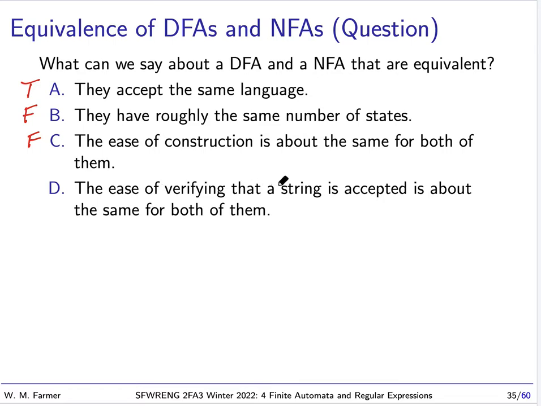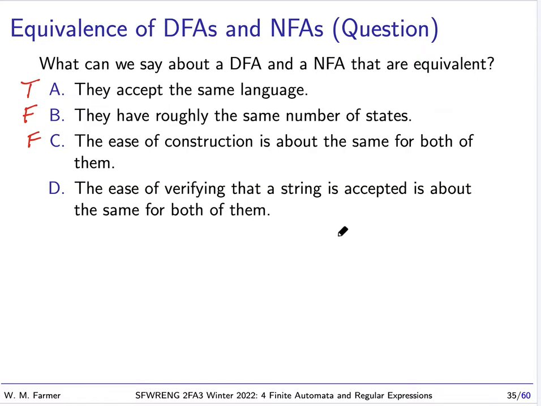The ease of verifying that a string is accepted is about the same for both of them. DFAs have a very simple way of accepting a string. You basically just process the string one symbol at a time, going from one state to another. With NFAs, we go from sets of states to sets of states.